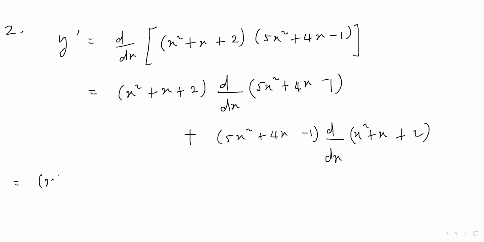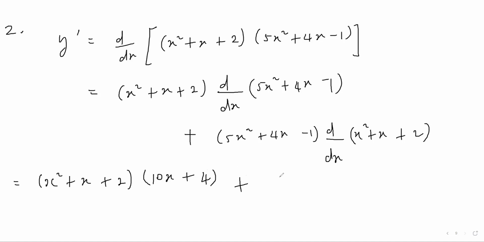So first we write x squared plus x plus 2, and we multiply it by 10x, and we add the next derivative, which is the derivative of 4x. The derivative of 4x is simply 4. Then minus the derivative of 1, which is 0. So that's what we have.